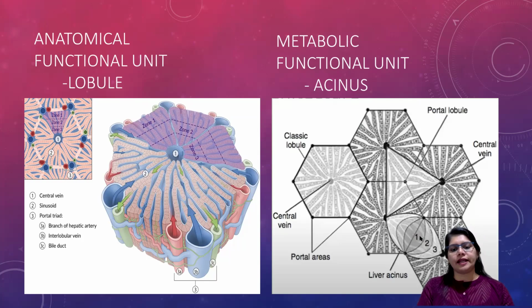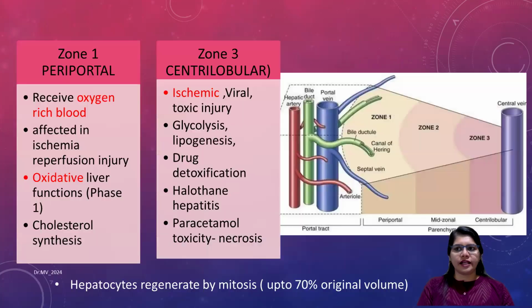Each hepatic acinus is divided into zones that correspond to their distance from the arterial blood supply. The hepatocytes closest to the arterioles are best oxygenated. That is zone 1, which is the periportal zone.